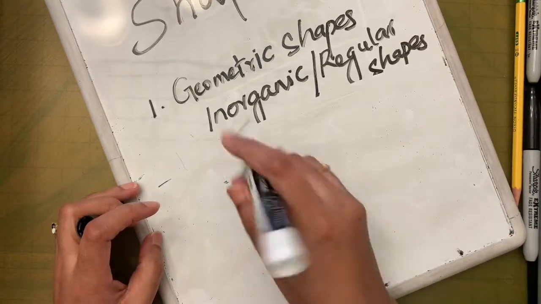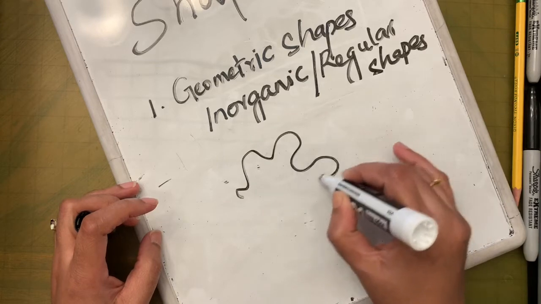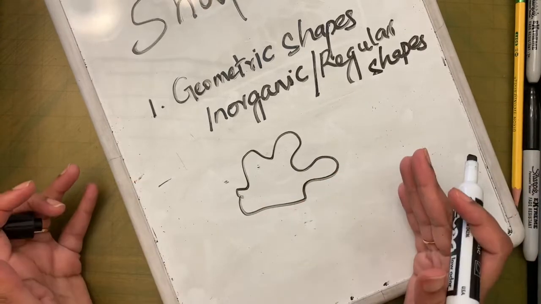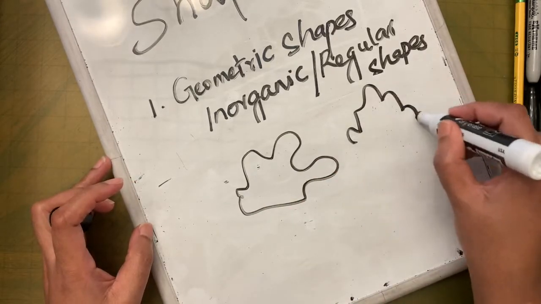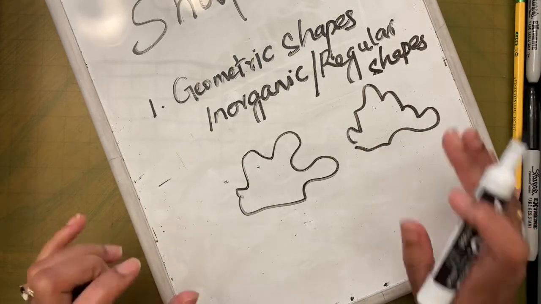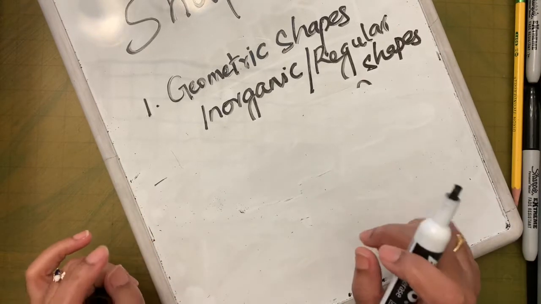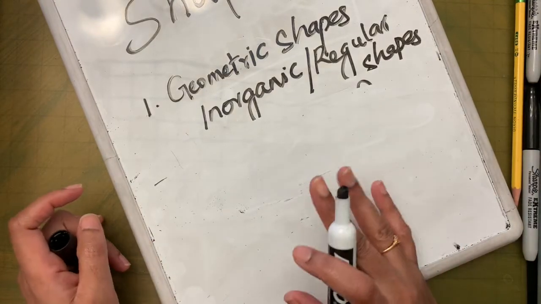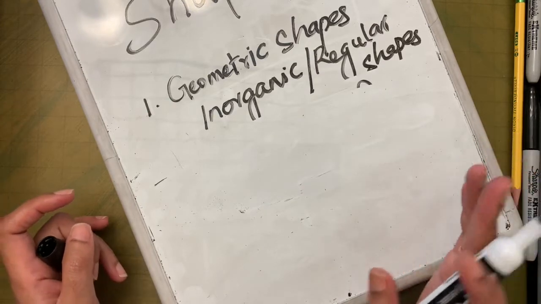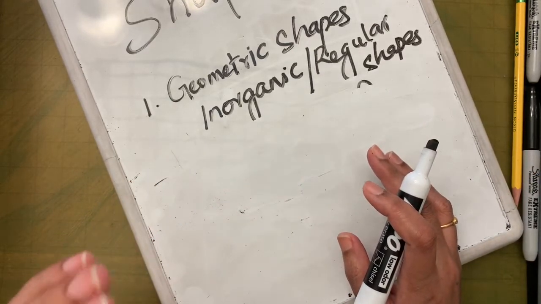For example, organic shapes are like a cloud. Someone might draw the cloud this way, someone's cloud may be this way. So there is no regular shape for the thing. Okay, so irregular shapes are the shapes you usually see in nature, like a seahorse.